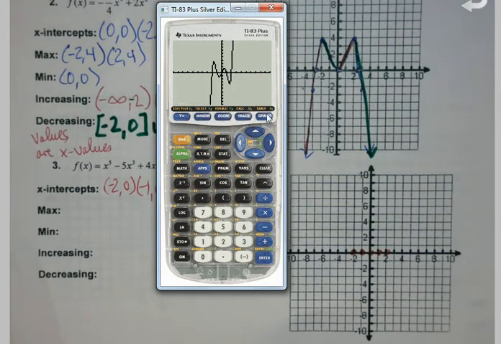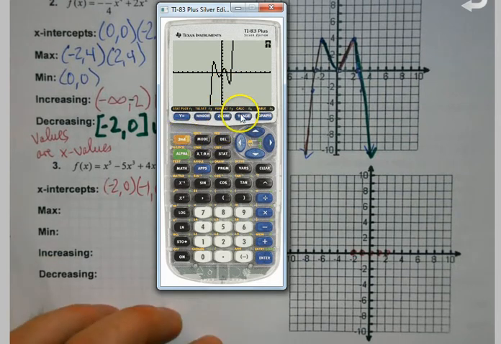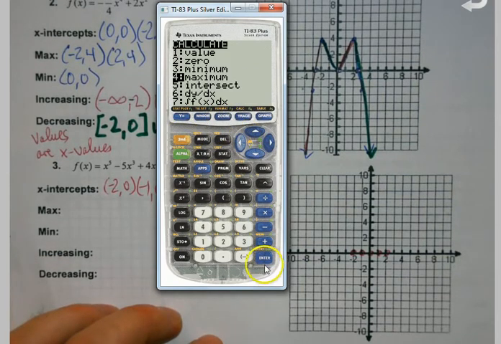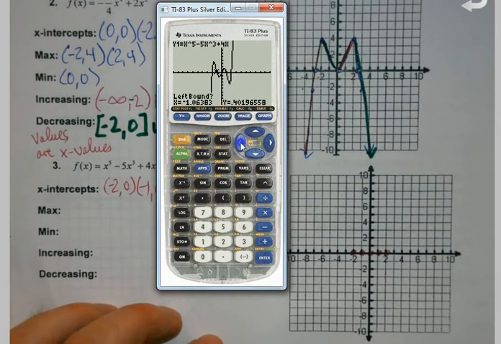So when I get back to my graph, it looks like I got 2 maxes and 2 mins. So let's get this guy trapped in.